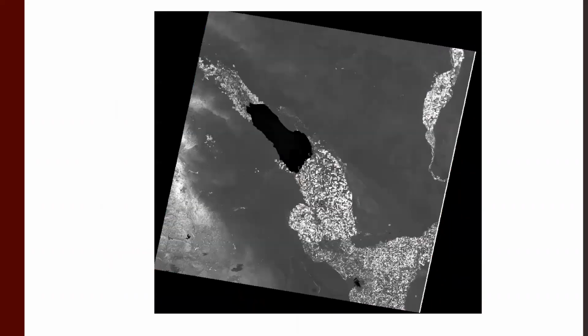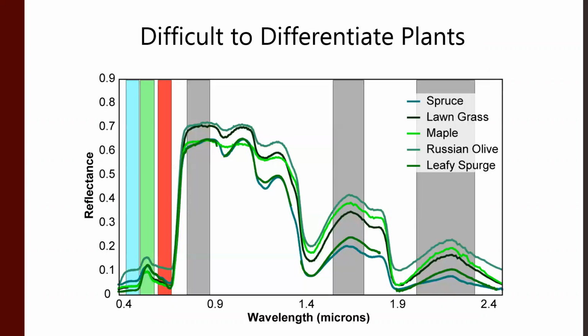And all of a sudden, you have much clearer measurements of where your vegetation is. What is abundant vegetation? What is healthy vegetation? How are vegetations changing?